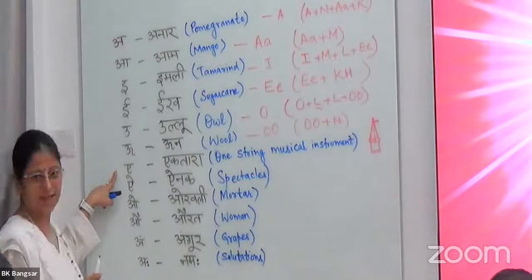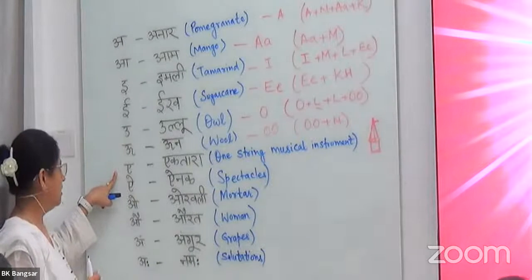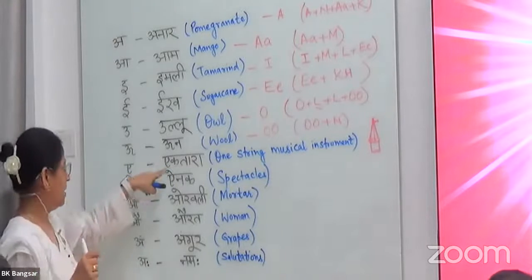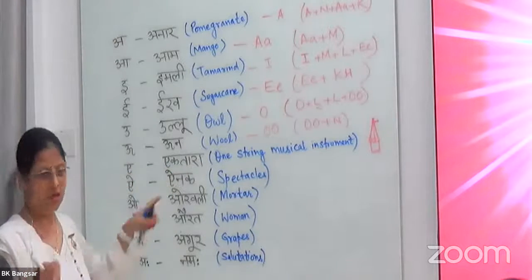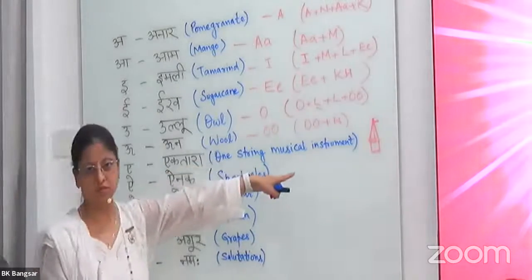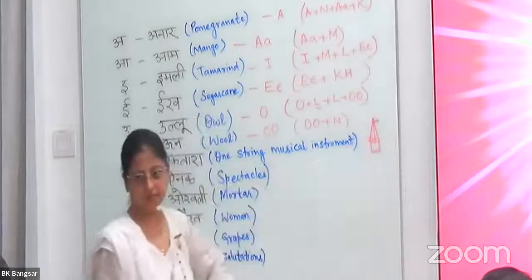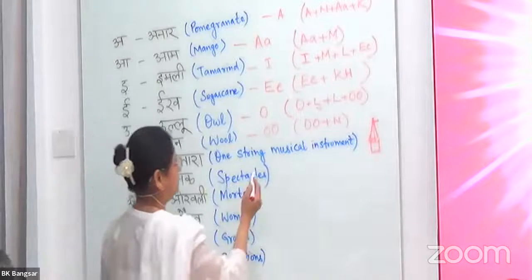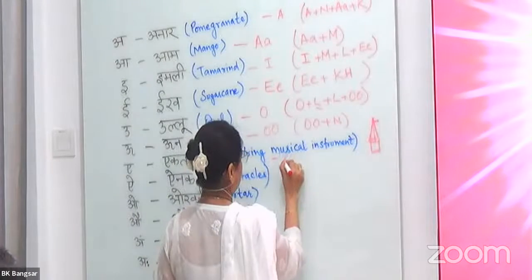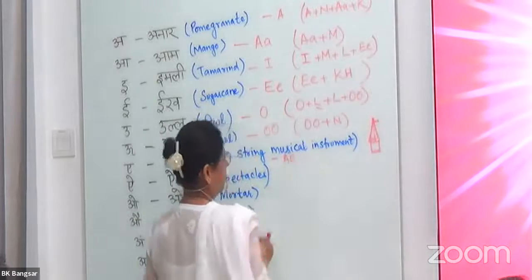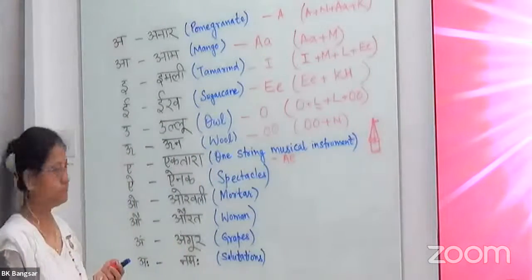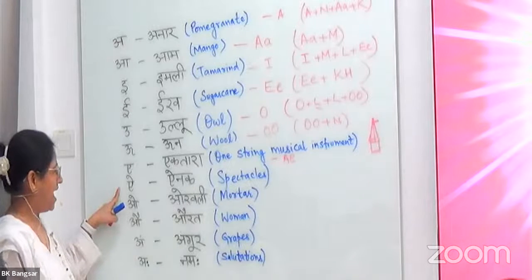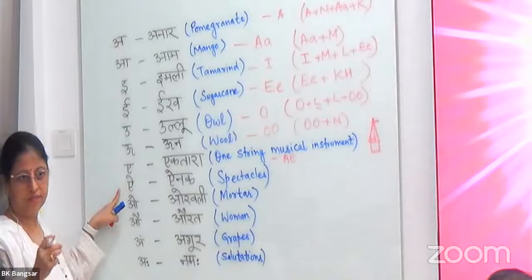Then is a. You can say ek, which is one. I just put it as ek tara, which is a one-string musical instrument, something like this. This is pronounced as a.